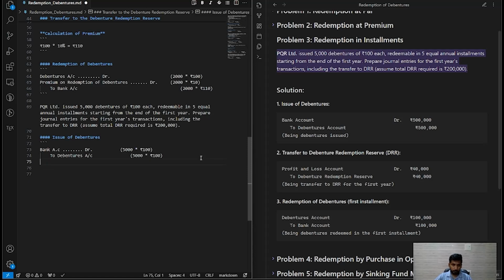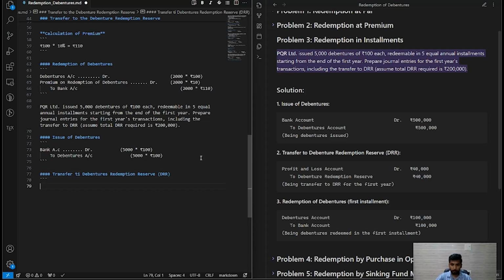After that, transfer to the debentures redemption reserve, DRR.